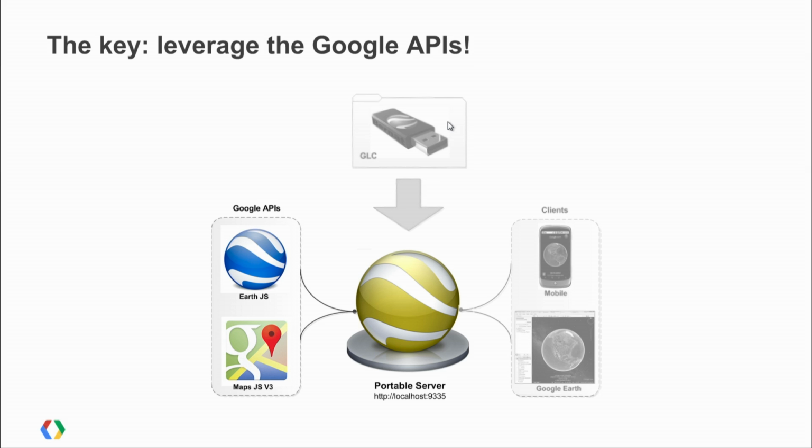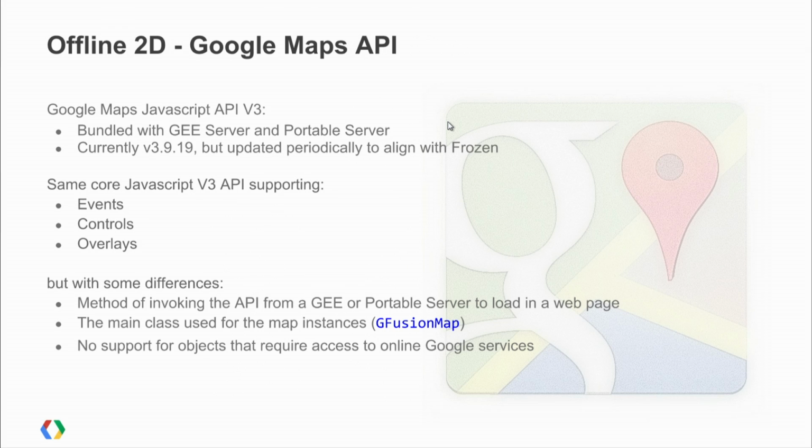Now, conveniently, we offer these with the product. They come bundled with Google Earth Enterprise Server as well as the portable server. They're typically aligned in terms of the version with the latest frozen release that's out on google.com.